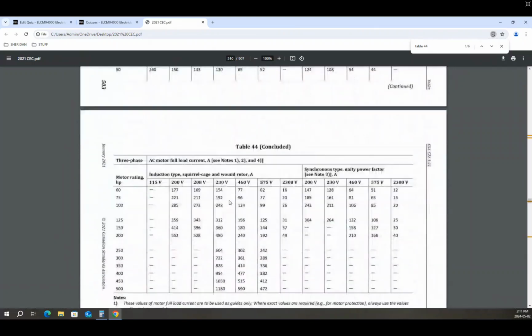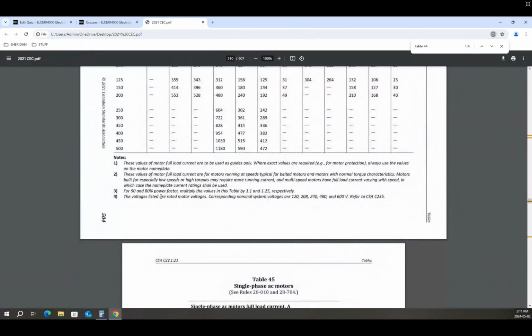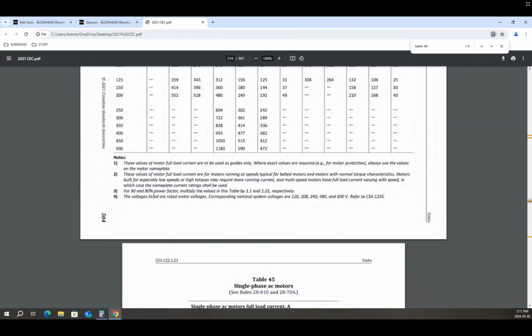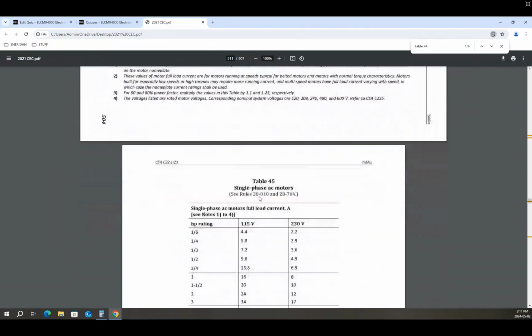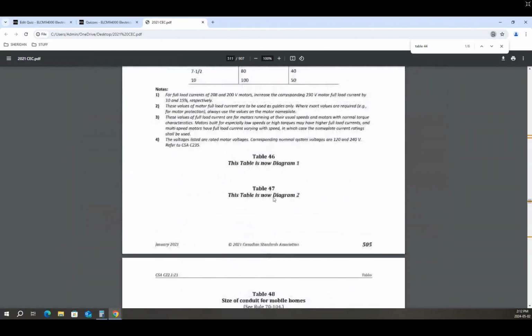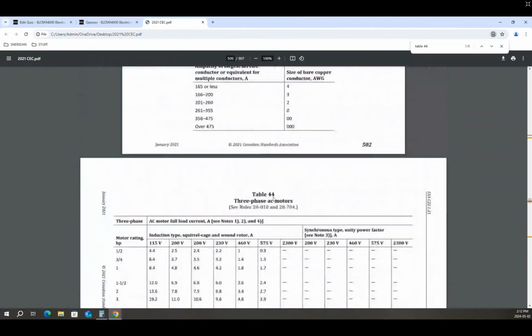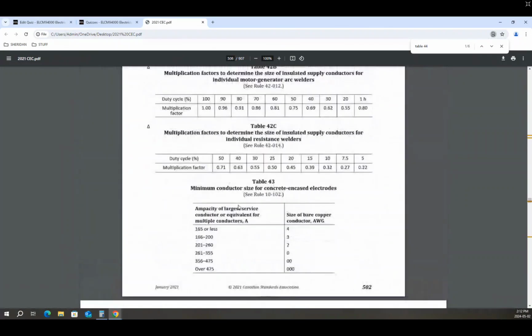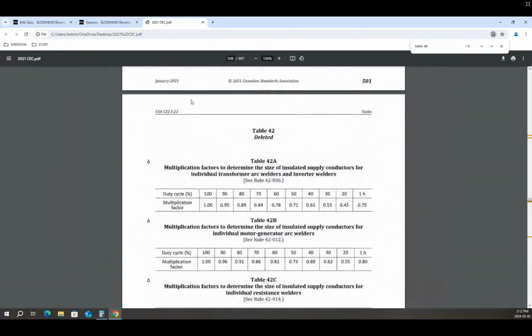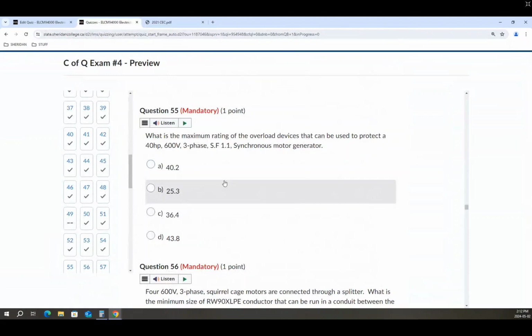I'm not accounting for the service factor. I'm going to skip that one. Service factor is screwing me up here.